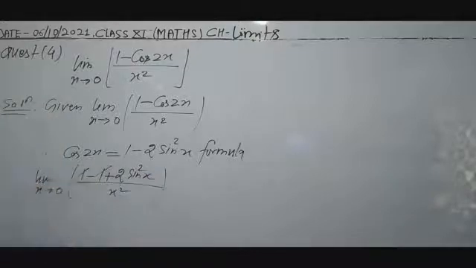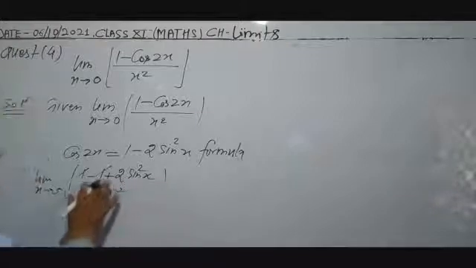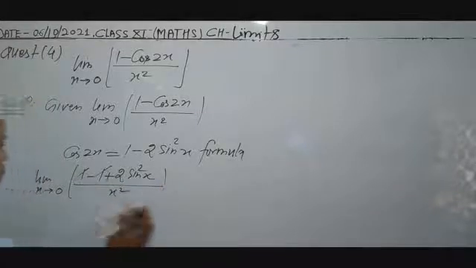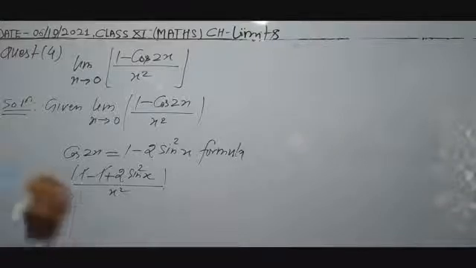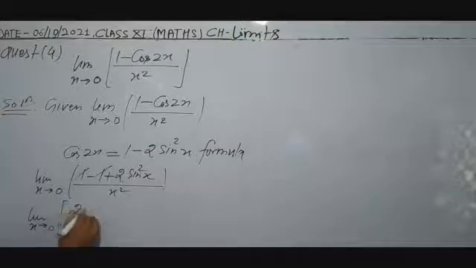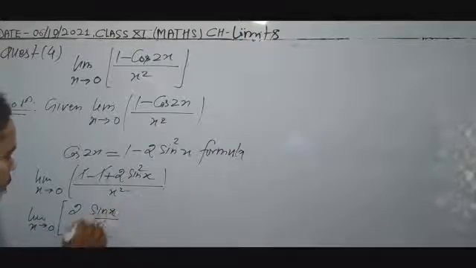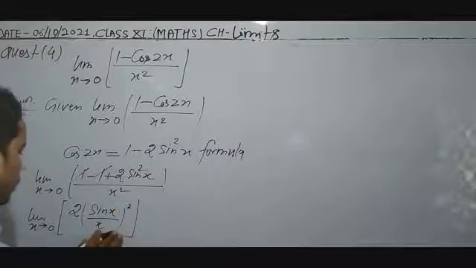Now minus 1 plus 1 will cancel out. So its result will be limit x tends to 0, 2 times, this one we can write, sin x upon x whole square.